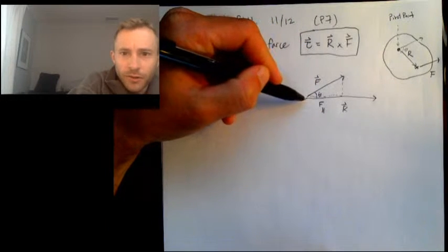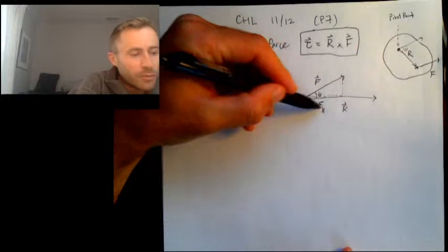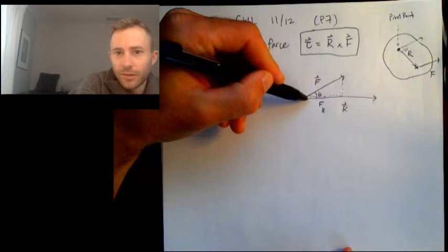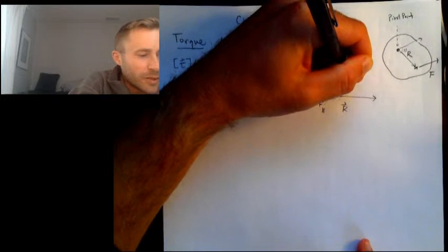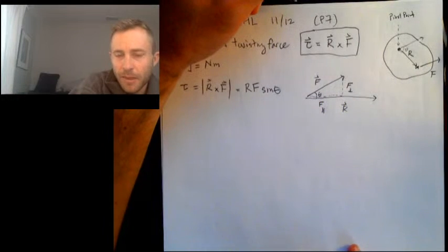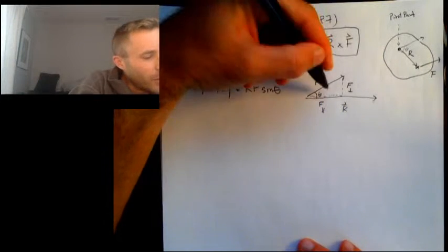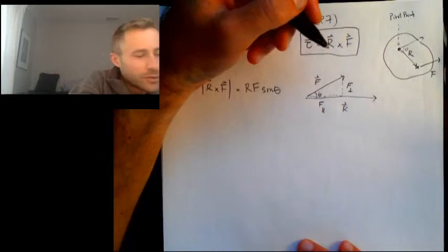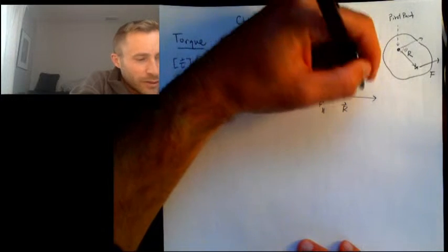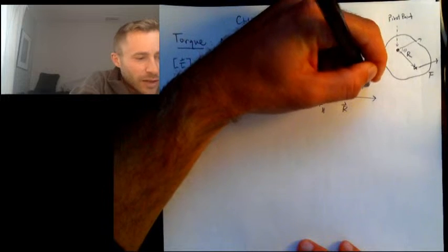So here we have a force. There's a component of the force parallel to the position, and there's a component of the force that is perpendicular to the position vector. And we can see that the component that is perpendicular is opposite the angle. So the perpendicular component is F sine theta.